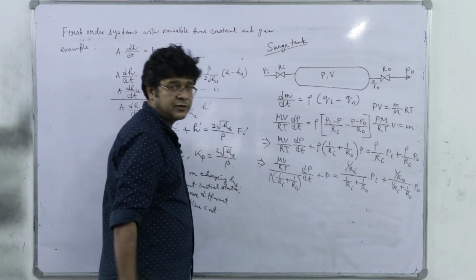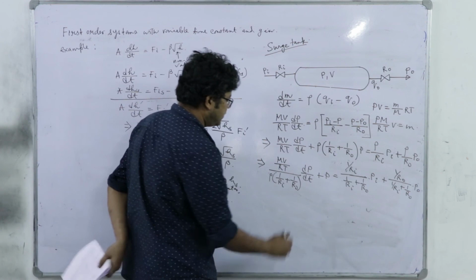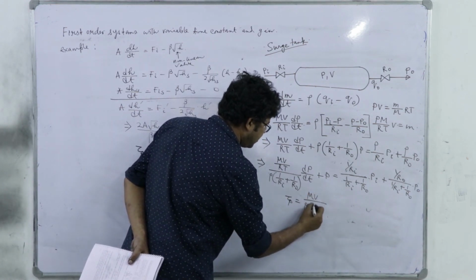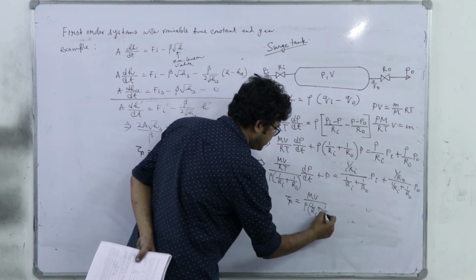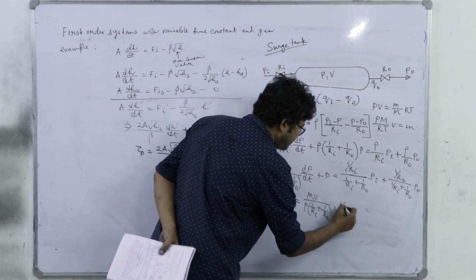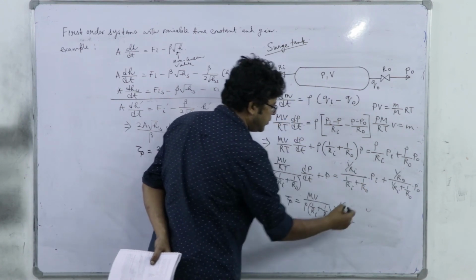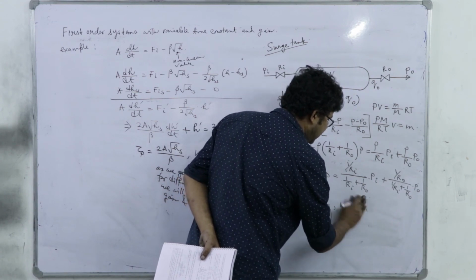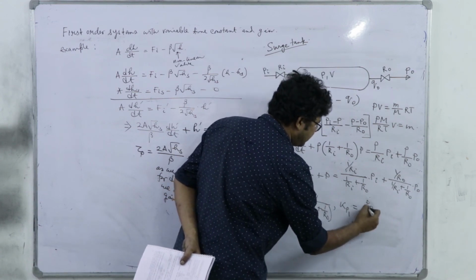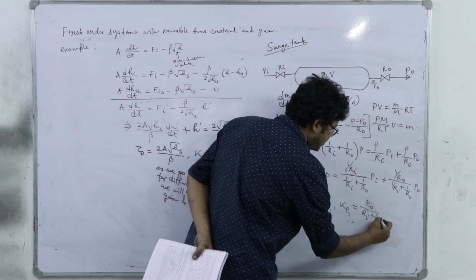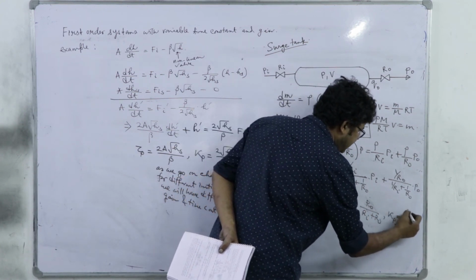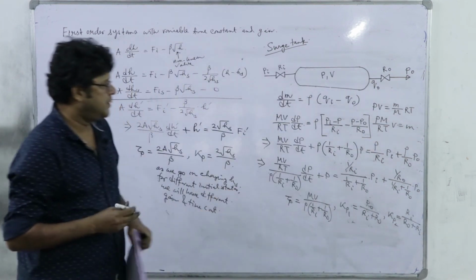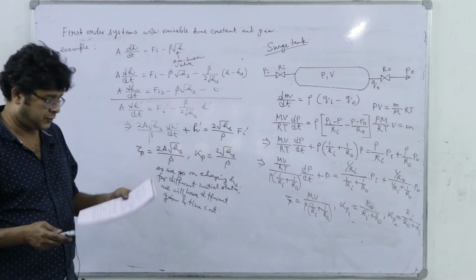So this is a typical first order system with two input functions, and tau p is equal to MV divided by rho (1 by Ri plus 1 by Ro). Kp1 for the first input is Ro divided by Ri plus Ro, and Kp2 is Ri divided by Ro plus Ri. So that is also a typical example of a first order system with two input functions.